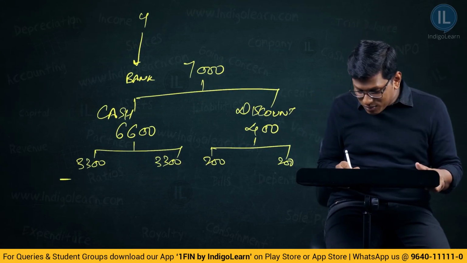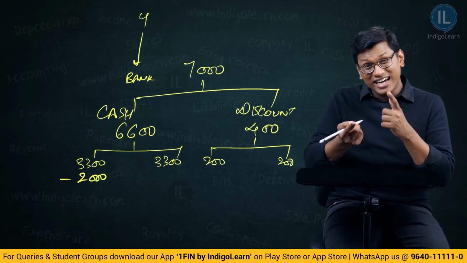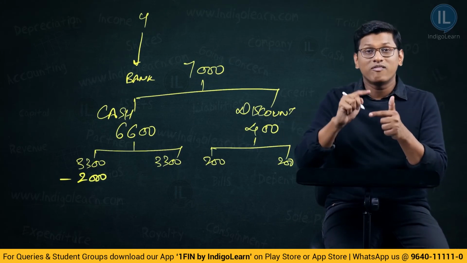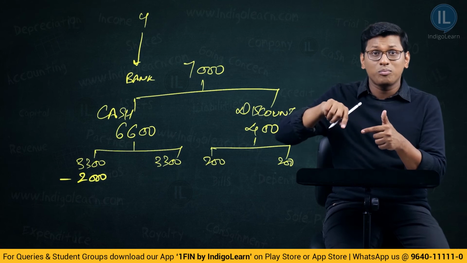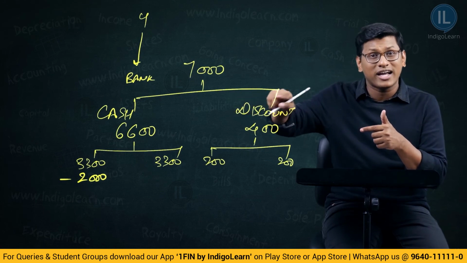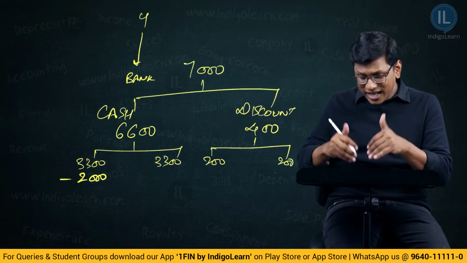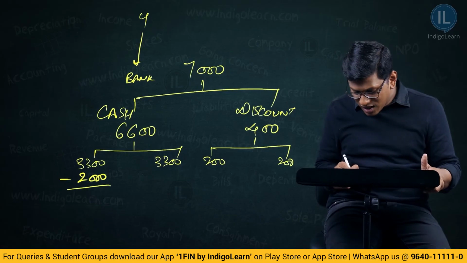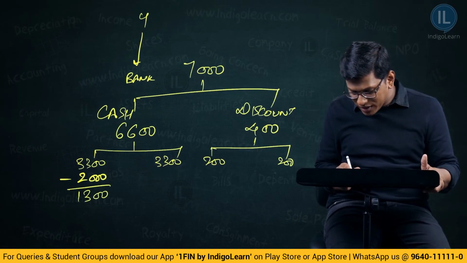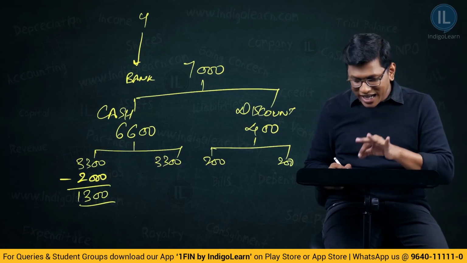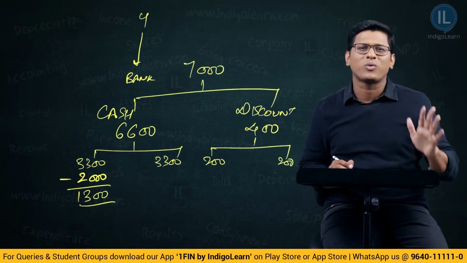So this person says, I will deduct the 2,000 rupees which X should have given me to pay that money to the bank for that first bill, and then I will arrive at the balance. Only 1,300 rupees is what I will give to X, is what Y is saying.